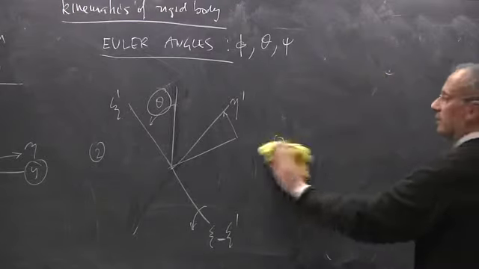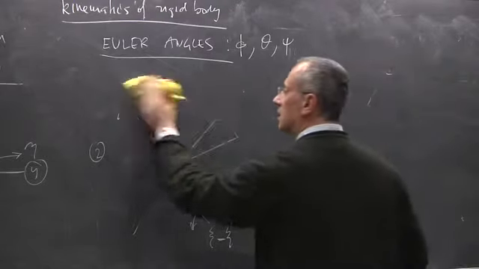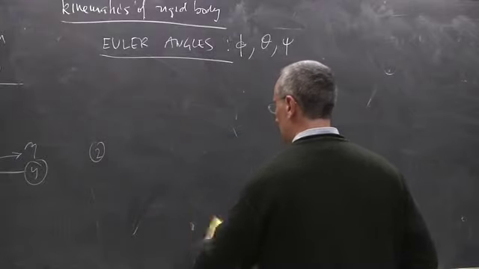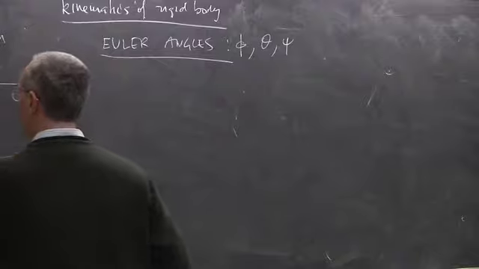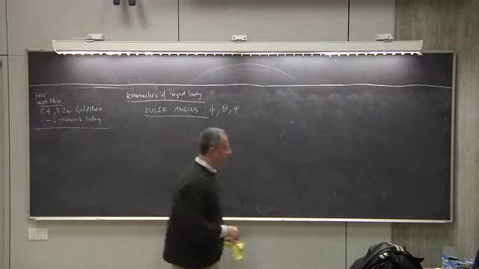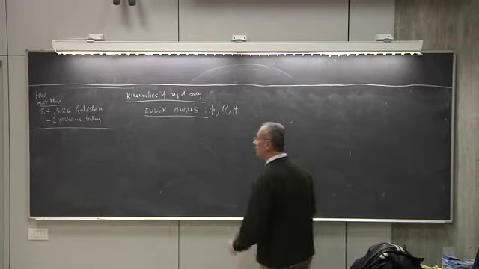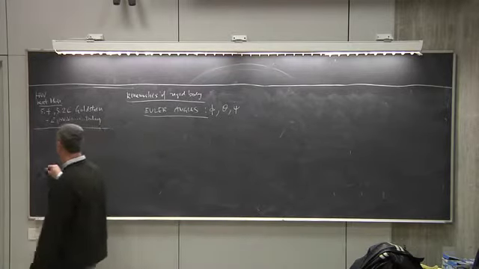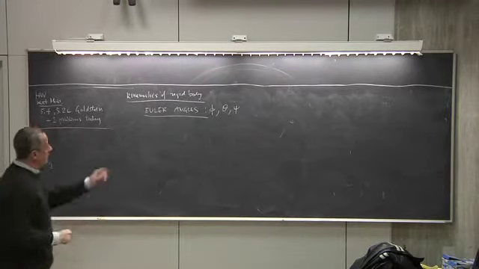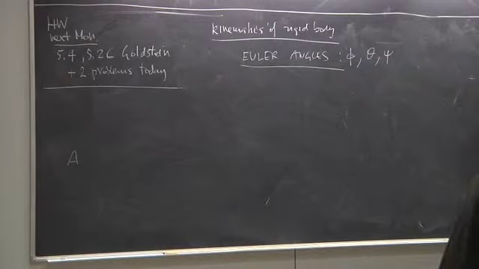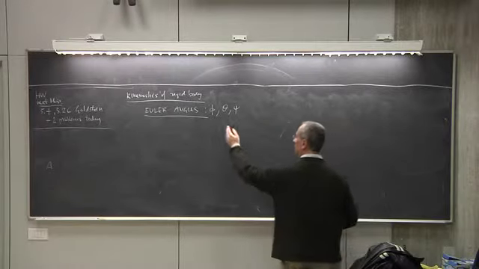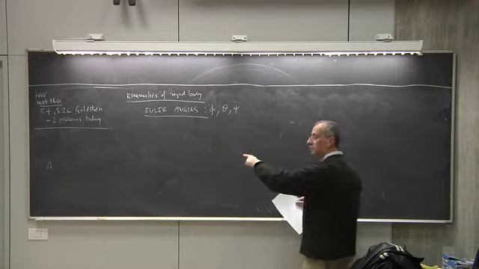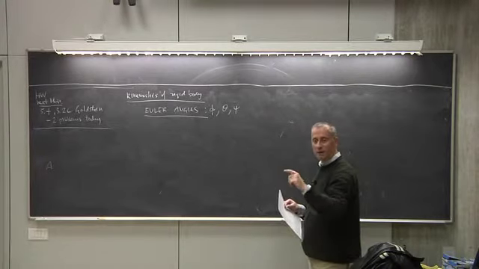Now, this was geometry, but again, it's actually much easier to work with the linear algebra, and so we want the matrix A of a general rotation. The way to find this matrix A is to go back to each individual rotation and write the matrix.